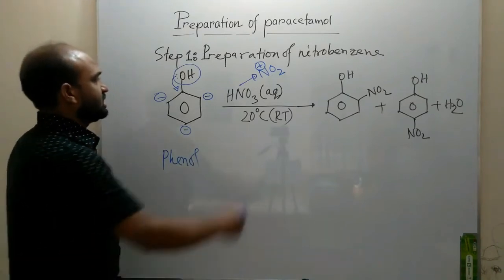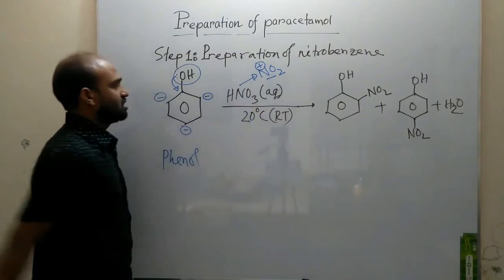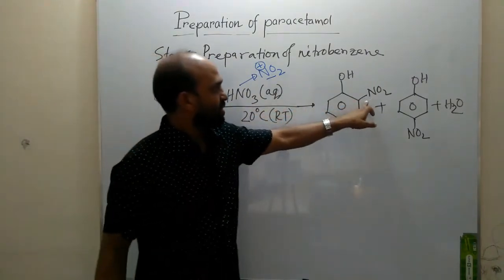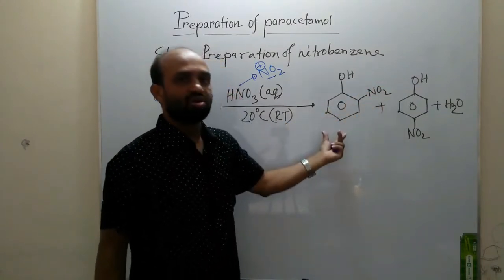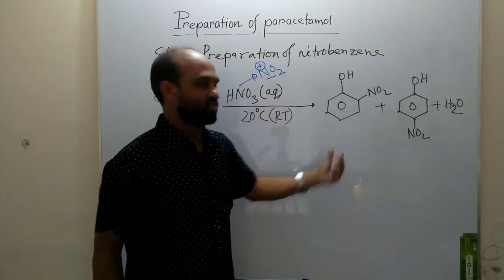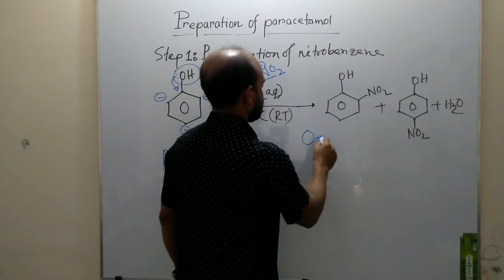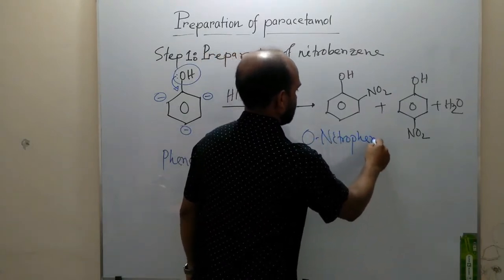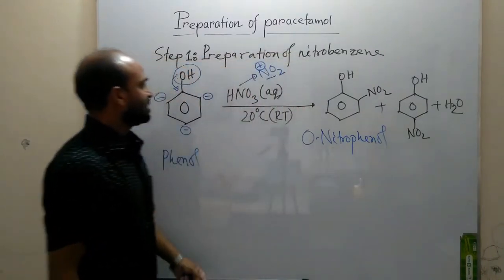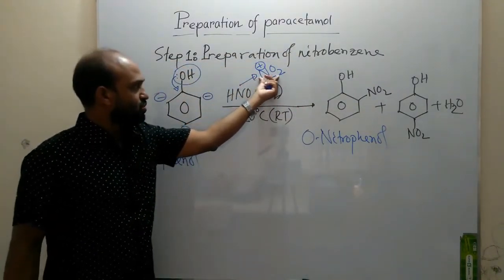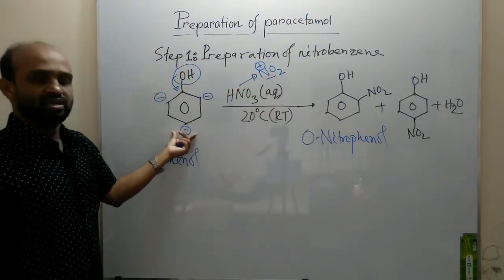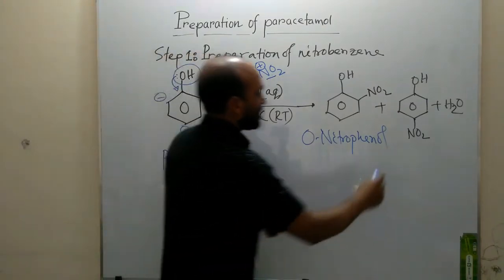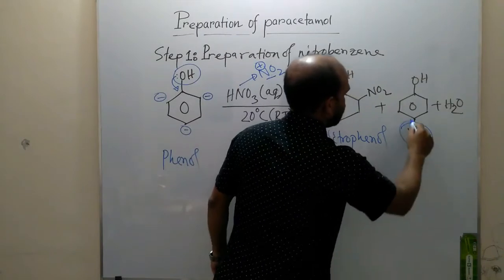First of all, this electrophile combines with the ortho position and orthonitrophenol is formed. And secondly, another nitro group combines with the para carbon and para-nitrophenol is formed.